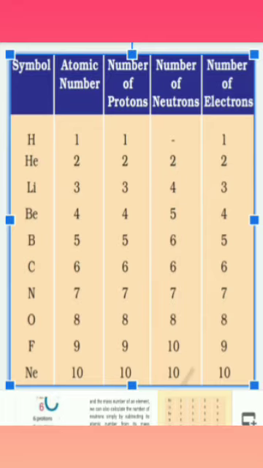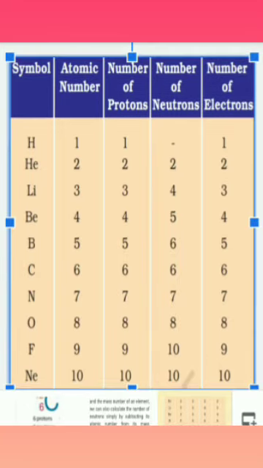And fluorine also varies, isn't it? So fluorine atomic number 9, protons 9, electrons 9, so neutrons 10. Neon atomic number 10, protons, neutrons, electrons all 10. So mass of neon is 20. 10 plus 10, 20.